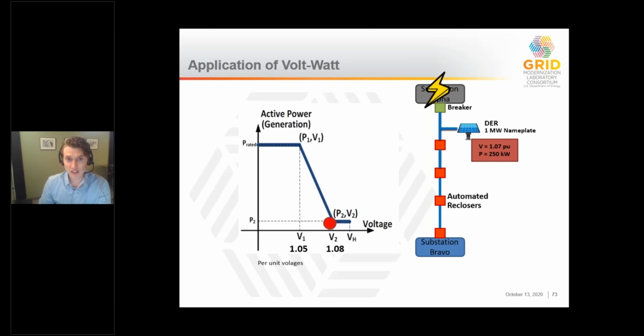What we would see with this volt watt activated is an automatic adjustment of the power output from the DER to drop to a lower level, to try to help contribute to mitigating voltage rise in this case. So this function could be very helpful for these abnormal configurations of the system that we haven't studied during interconnection analyses in order to provide some sort of backup soft shutdown function. Next slide, please.